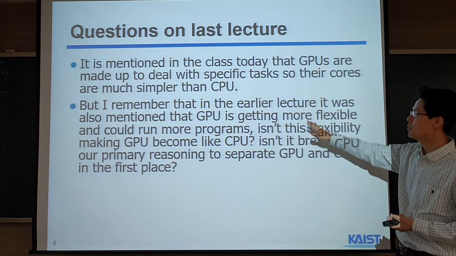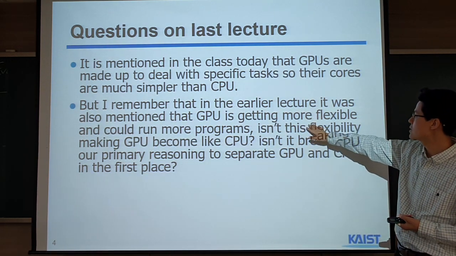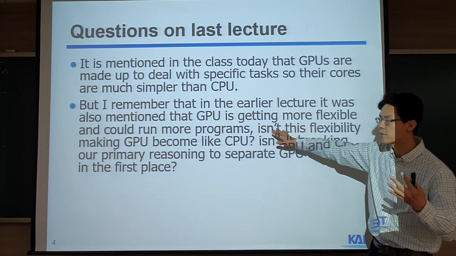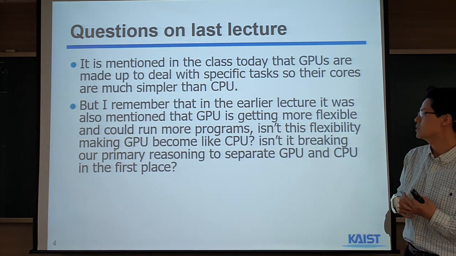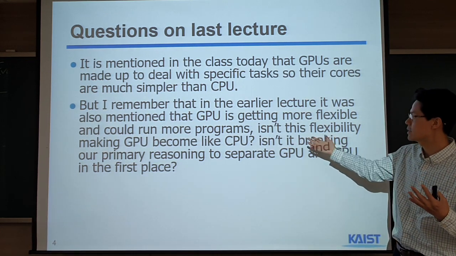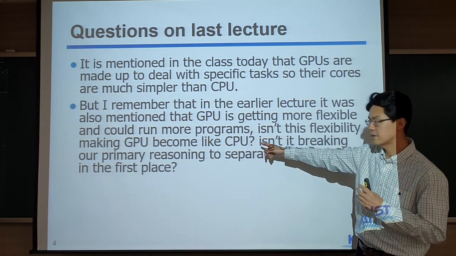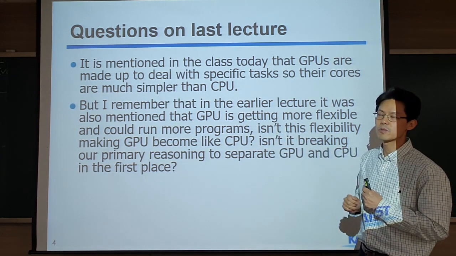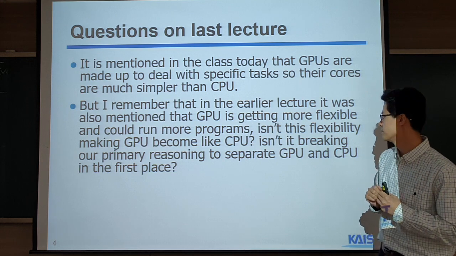But at some point I also mentioned that the GPU is getting more flexible, and it can run more programs, right? Then he or she asked: isn't this flexibility making the GPU become like the CPU? This is actually a valid observation. Yes, this is actually true.